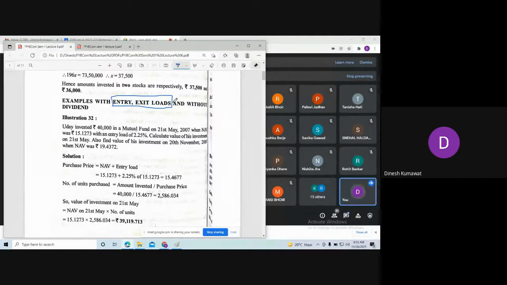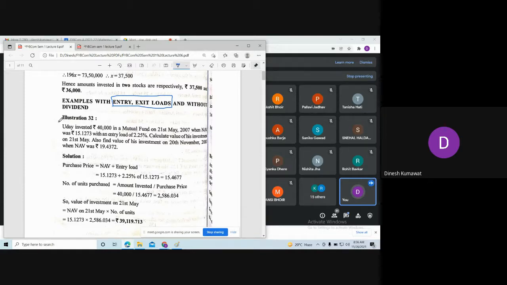The same trick applies here. We add the entry load to the net asset value of purchase, and we subtract the exit load from the net asset value of sales, or net asset value of redemption. Keep this idea in your mind for finding the purchase price and the selling price, or redemption price.